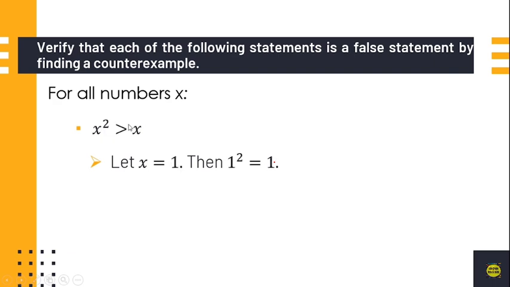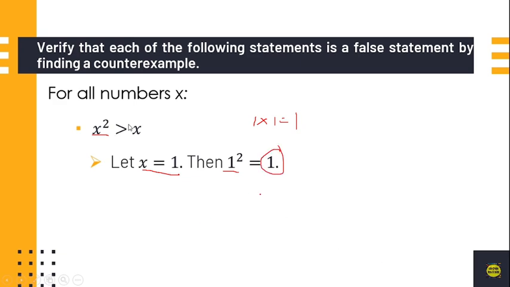So, false yan. Next, x squared is greater than x. So this is a counterexample. Let's substitute 1: x equals 1. Replace x by 1. So 1 to the power of 2, or 1 times 1, is equal to 1.